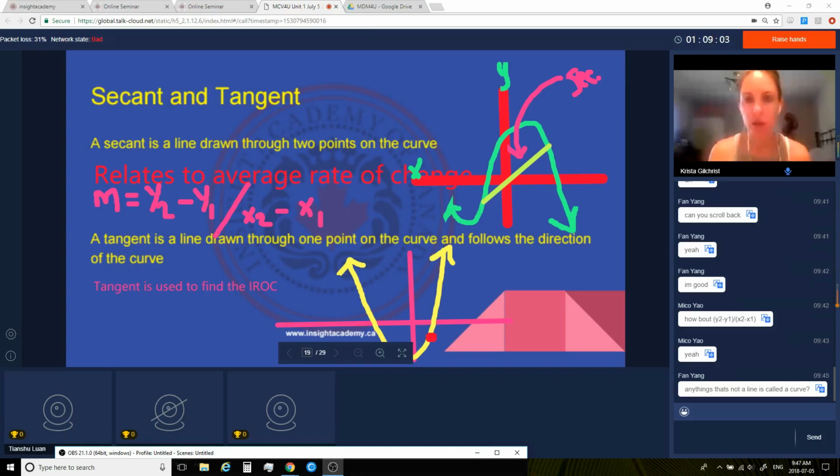I'm going to draw a straight line, which should work. Okay. So the red line is right here, this red line. The red line is the tangent. Tangent to the curve, you can say.